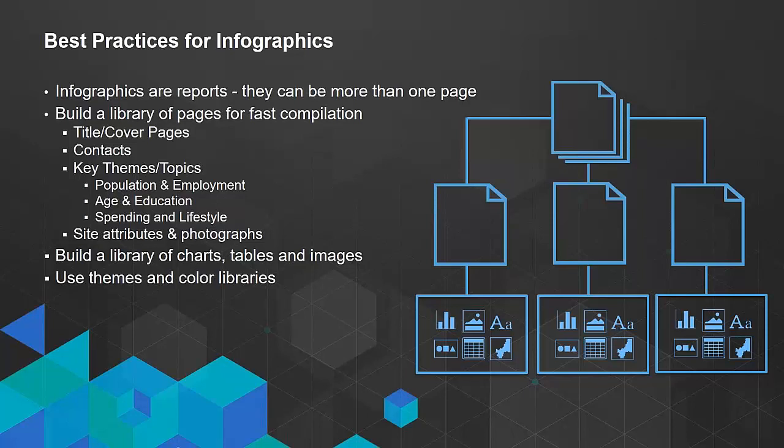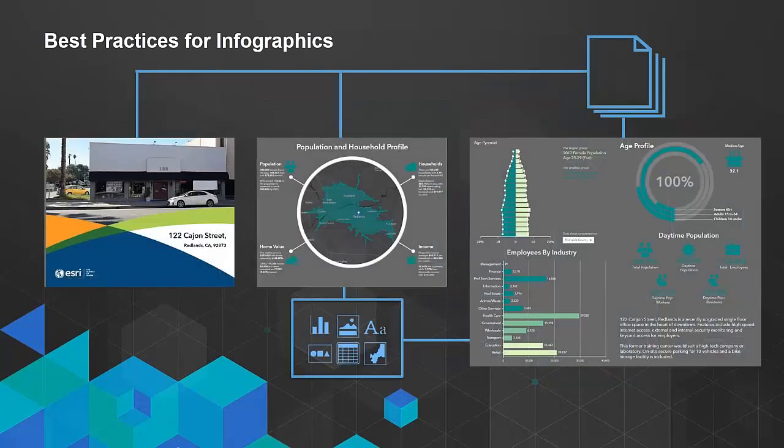The reason I do this is it gives me the ability to very quickly compile a report based on different things, like in this case, a table, an age profile, an age pyramid. That's in one page.